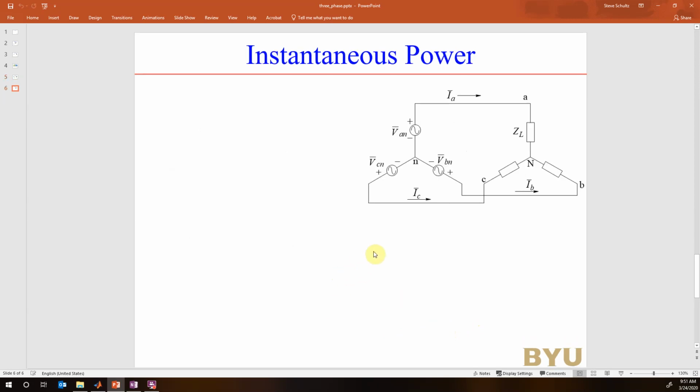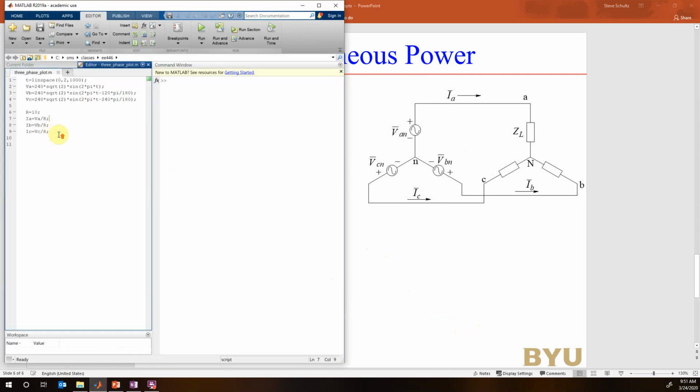Okay, now we want to look a little bit at voltages and powers as a function of time. So let's go over to MATLAB and plot to see what these look like. I already have here a time vector for doing 2 oscillations. I put in a VA, and I'm using 240 volts.